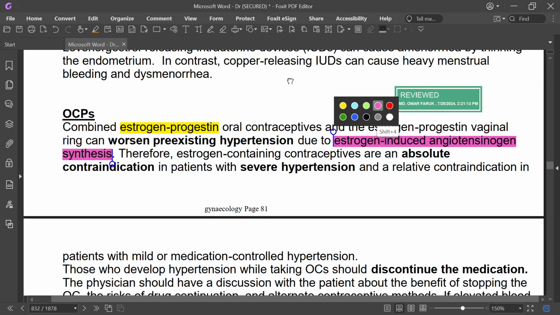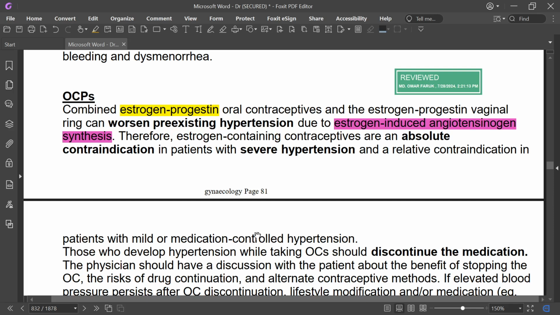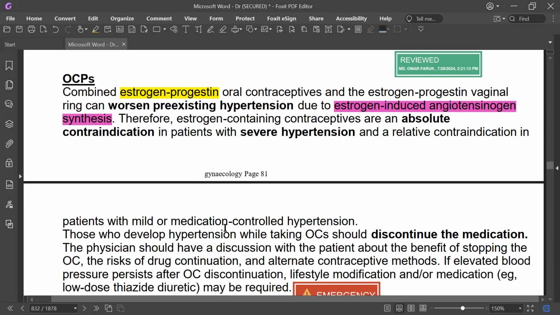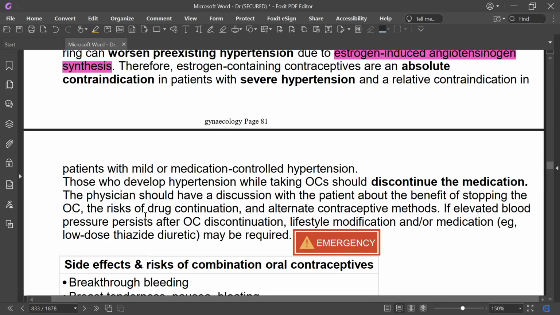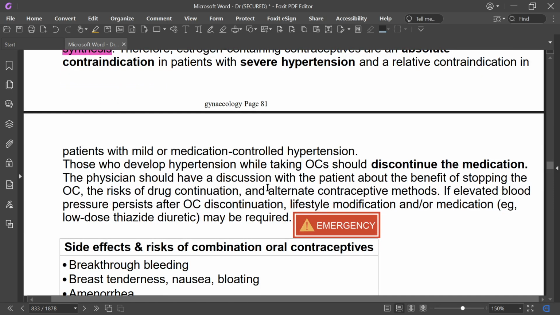Therefore, estrogen-containing contraceptives are an absolute contraindication in severe hypertension and a relative contraindication in mild or medication-controlled hypertension. Those who develop hypertension while taking oral contraceptives should discontinue the medication.